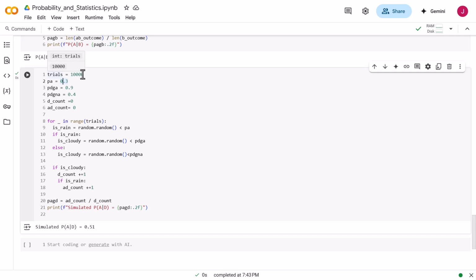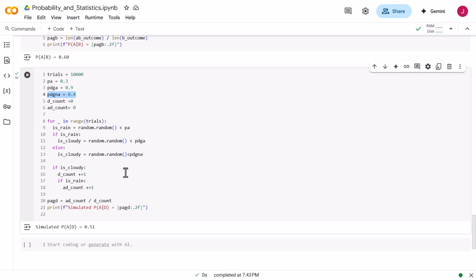Probability of A is the probability of rain, and the probability of D given A, clouds given rain, is 90%. For each of the 10,000 trials, the code simulates whether it is rain based on the probability of 30%. If it rains, it simulates the likelihood of clouds based on probability of D given A.